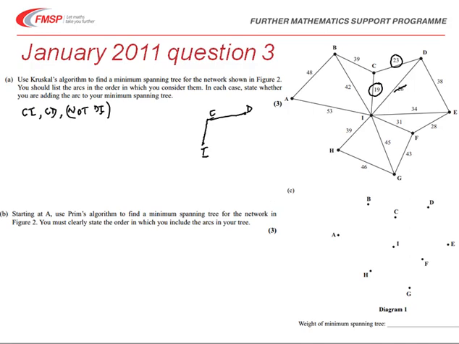The next one to consider is EF. Now EF is over this part of size 28. That one comes in, followed by FI. So FI coming in at this position here.